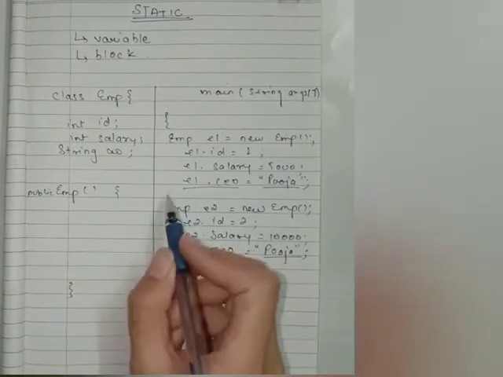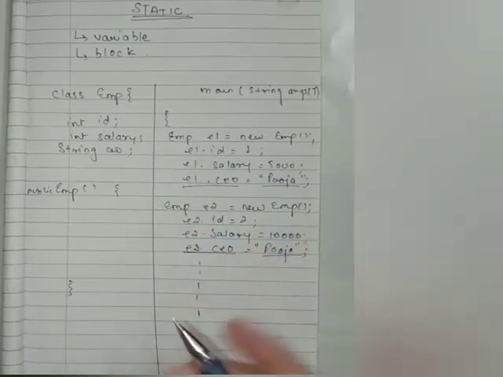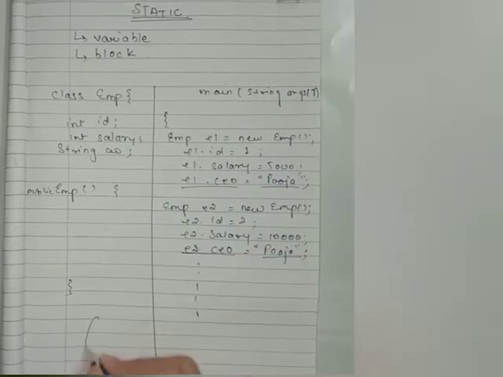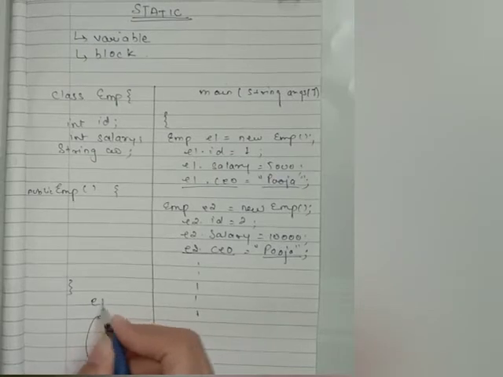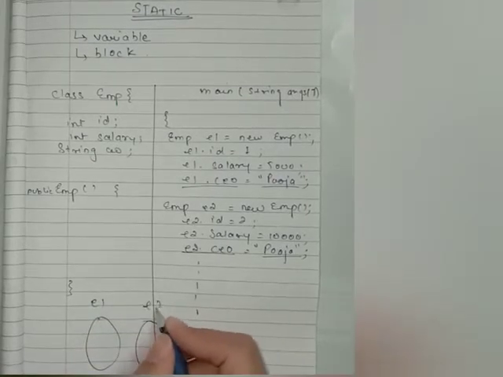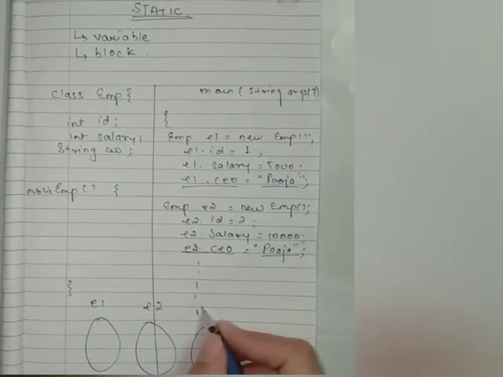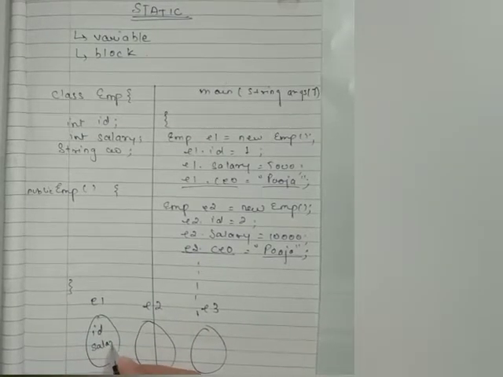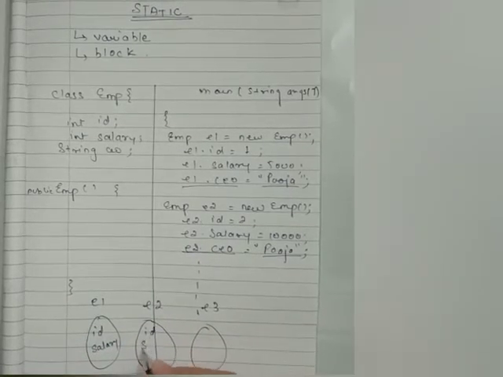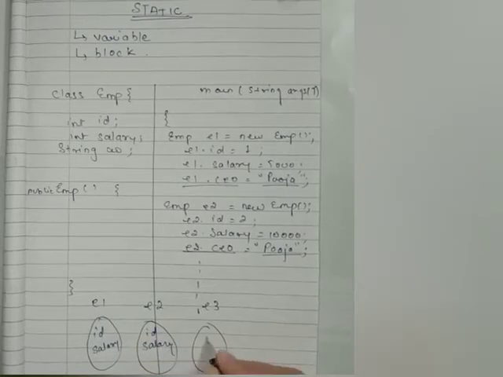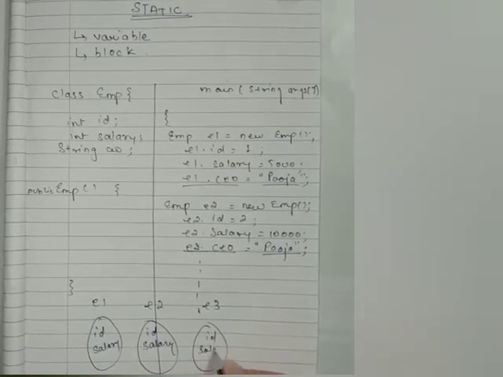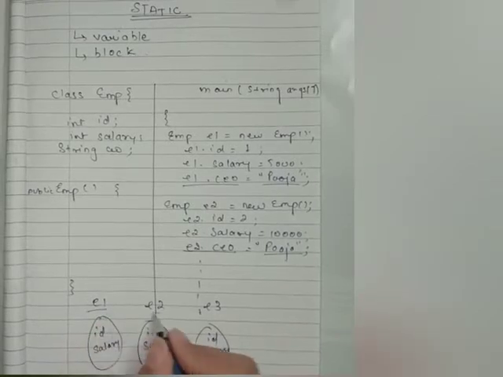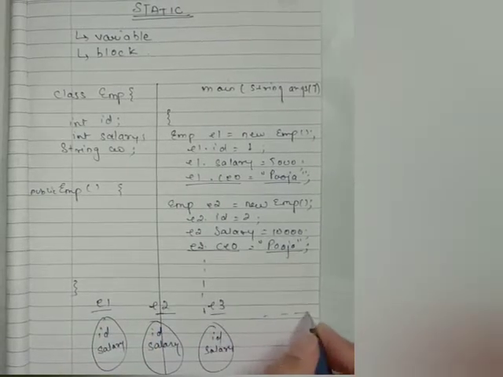So, when there is a scenario wherein multiple instances share a common thing, then we make it static. There are suppose multiple instances of the Employee class.